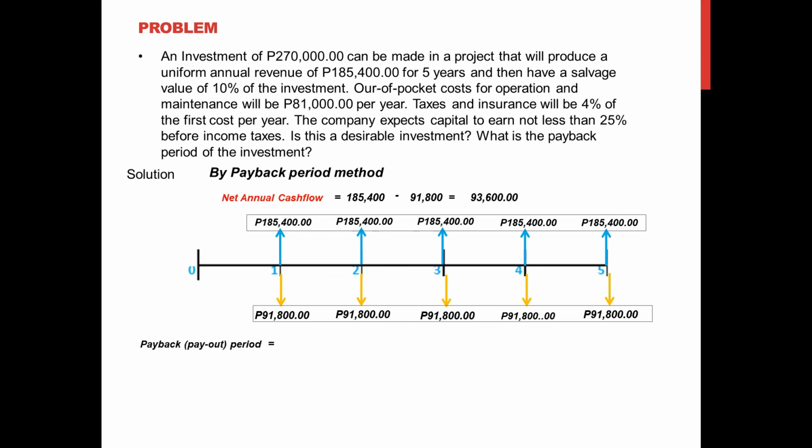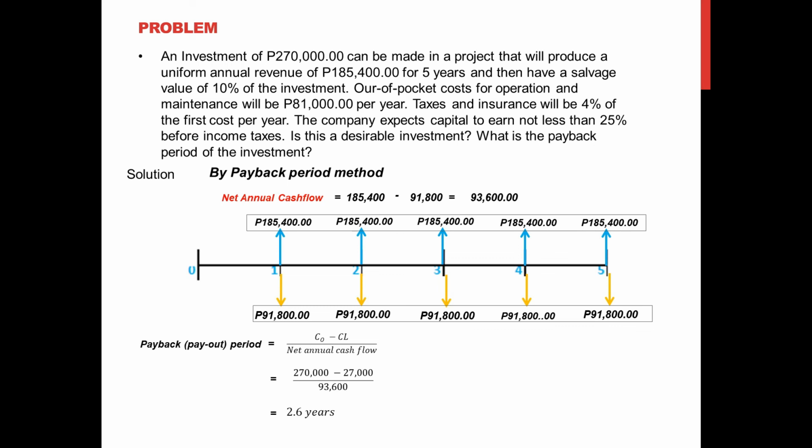So the payback or payout period will be equal to CO minus CL all over the net annual cash flow. Hence, by substitution, the original cost of 270,000 pesos less 10% of this amount as the salvage value at the end of its useful life, which is 27,000 pesos, divided by the calculated net annual cash flow of 93,600 pesos. So this will yield to 2.6 years.